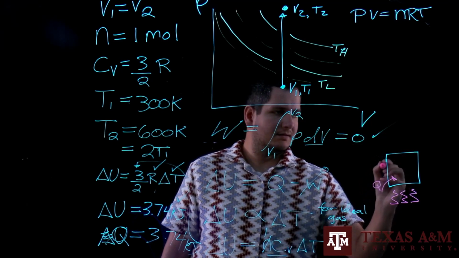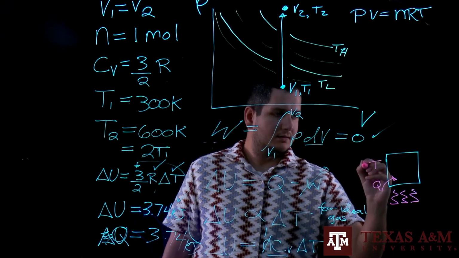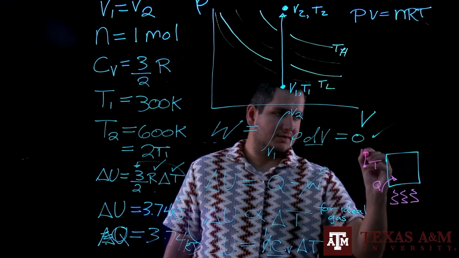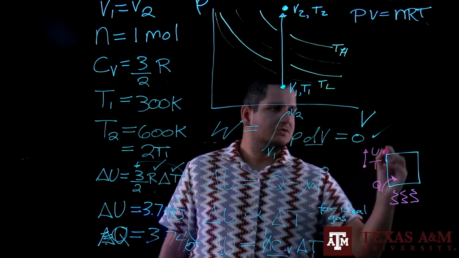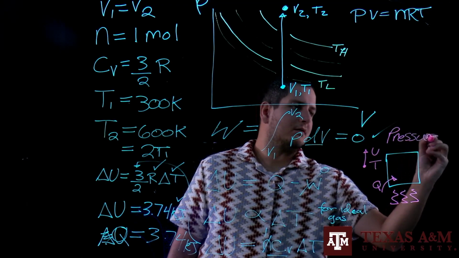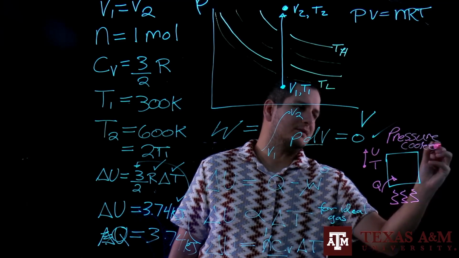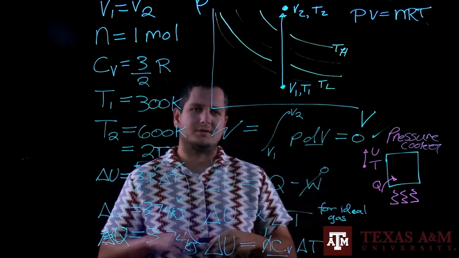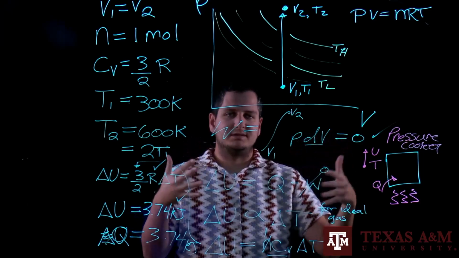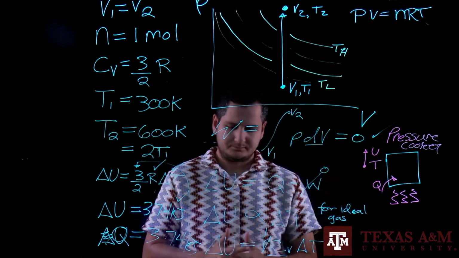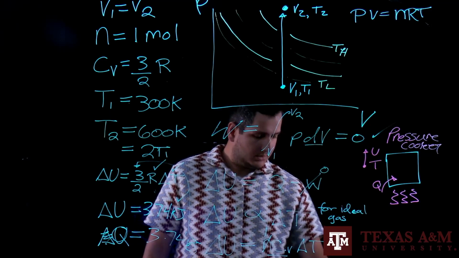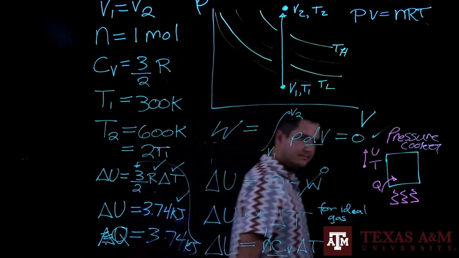If heat went in, the internal energy increased, so temperature went up, right? So we can call this the pressure cooker scenario, right? Just to put an image to it, okay? So the volume can't expand, we added heat, pressure builds and builds and builds, okay? And temperature increases. So that's example 1. Give me a little bit of time to erase this, and we'll be back.